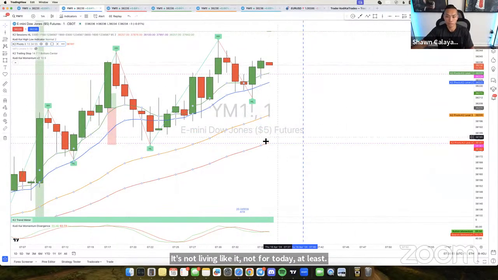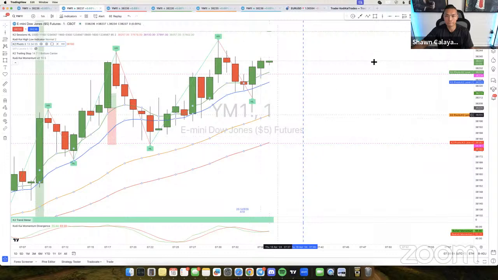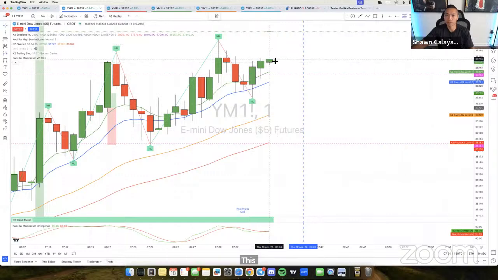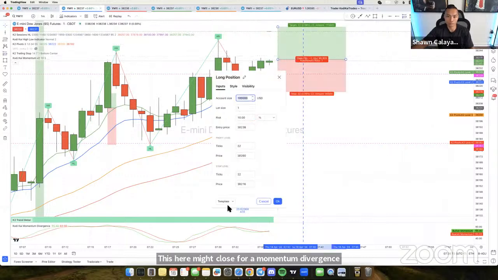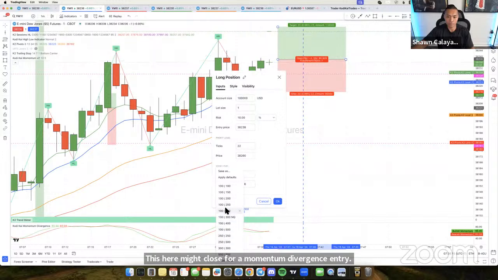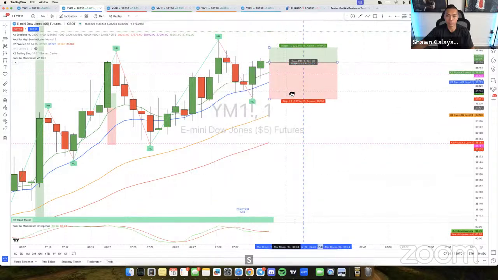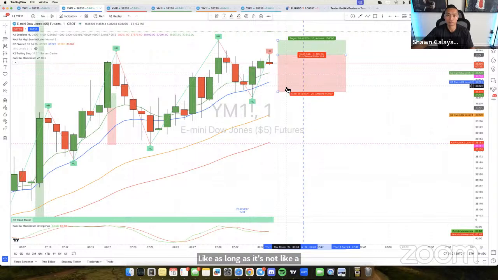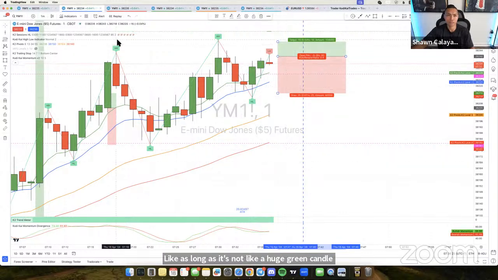All right, we might get an entry here, guys. This here might close for a momentum divergence entry. As long as it doesn't close super crazy, this could be a possible momentum divergence, as long as it's not a huge green candle. So let's see.